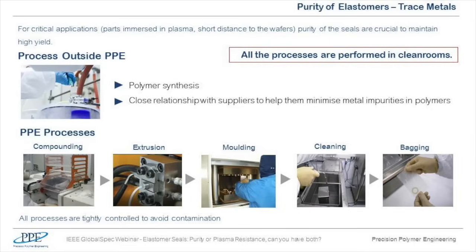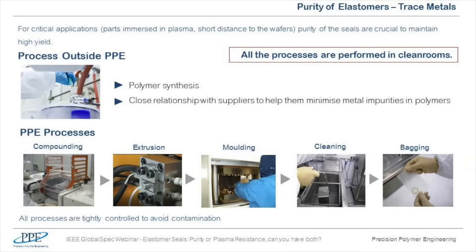In PPE, we are aware of this requirement, and we work very carefully to keep all the metal contaminants to a minimum in all of our material grades for semiconductor. First of all, we work very closely with our suppliers to have the base polymers and other ingredients with minimum metal content, and after that we perform all the process steps as summarized on the slide in clean rooms.